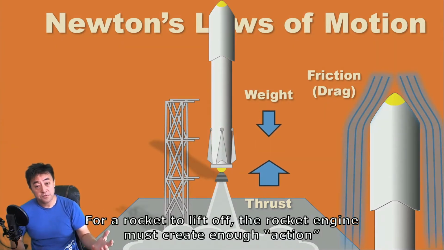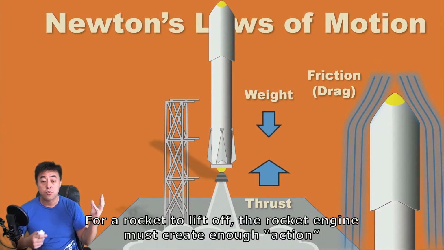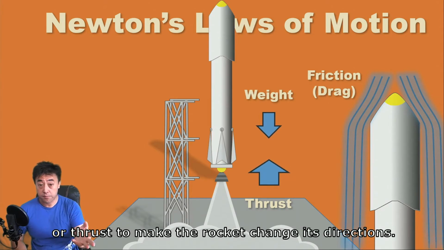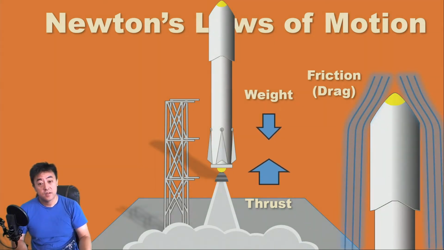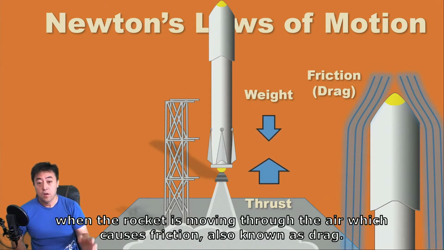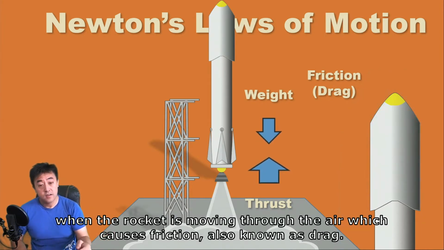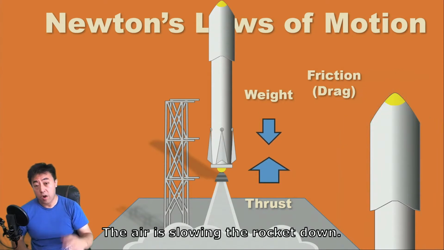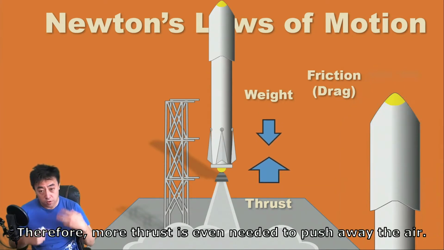For the rocket to lift off, the rocket engine must create enough action, or thrust, to make the rocket change its direction. Other than the rocket's mass and Earth's gravity, when the rocket is moving through the air, which causes friction, also known as drag, the air is slowing the rocket down. Therefore, even more thrust is needed to push away the air.